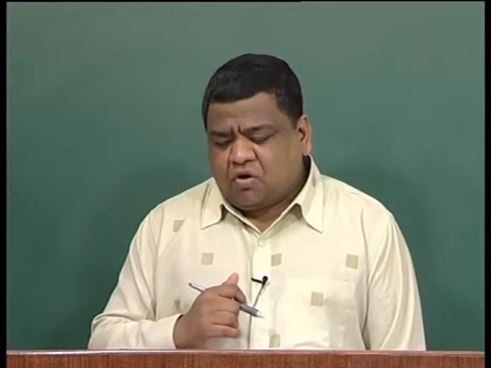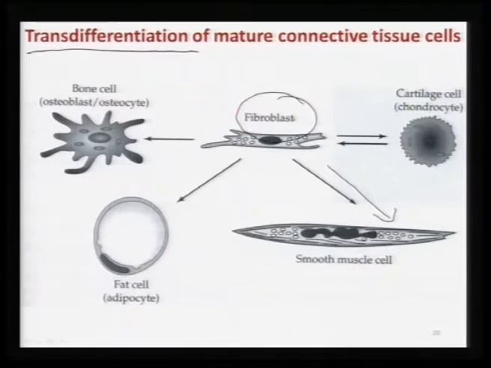Fibroblast cells can also be transdifferentiated into cartilage cells, chondrocytes. Fibroblast cells can be transformed to bone cells, osteoblasts and osteocytes. Osteocyte is the more mature, differentiated cell formed from the osteoblast cells. So, osteoblast and osteocytes are the same cell type, and the osteocyte is the most mature and differentiated.